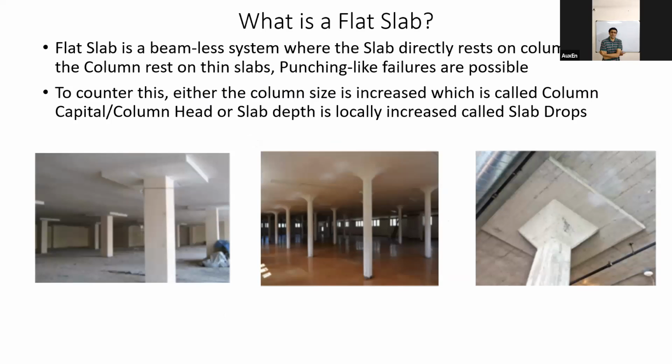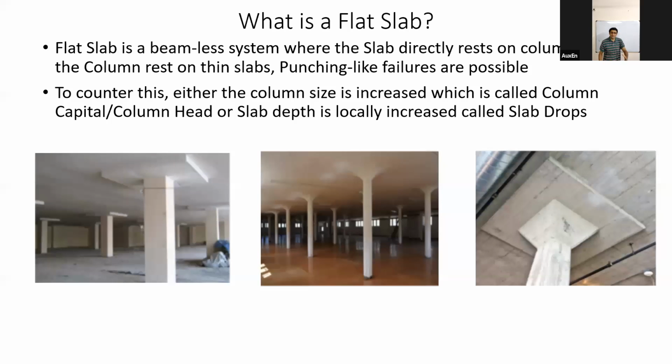Whatever load was coming on slabs was getting transferred to the beam through the shear between slab and beam, and then your load was getting transferred from beam to column through shear. So there were two shear transfers taking place: one from slab to beam through shear, and then from beam to column through shear. But in case of flat slab, because there is no redundancy available of beam, load directly is going to get transferred to column.